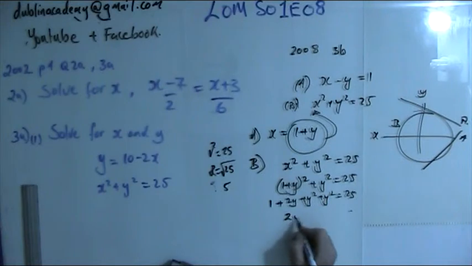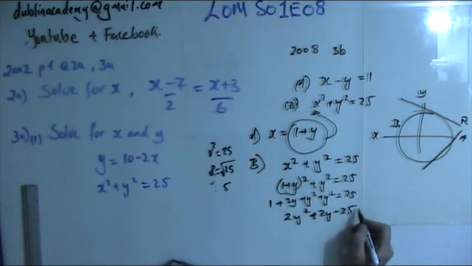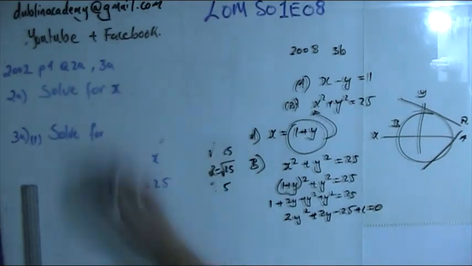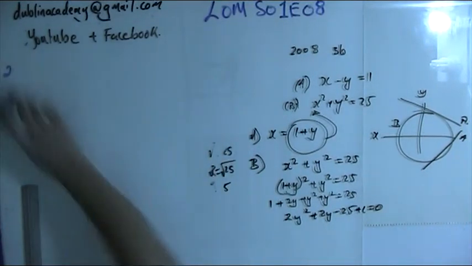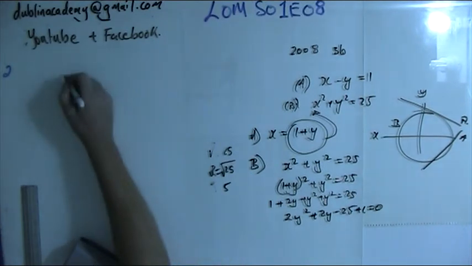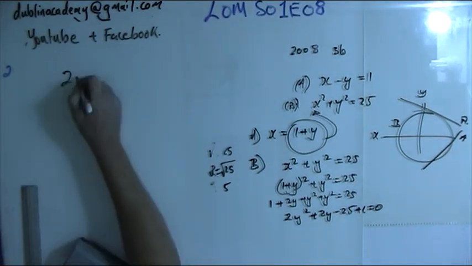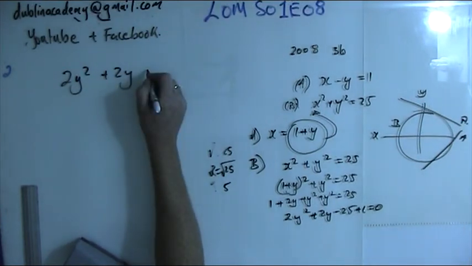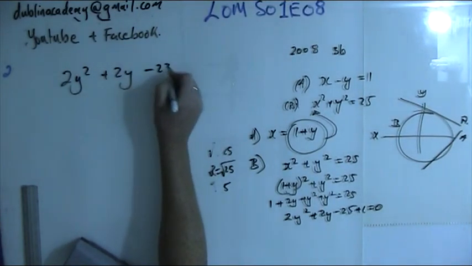So I've got 2y squared plus 2y minus 25 plus 1 is equal to 0. Okay, and then I continue on along. And I've got 2y squared plus 2y minus 25 plus 1 is minus 23.